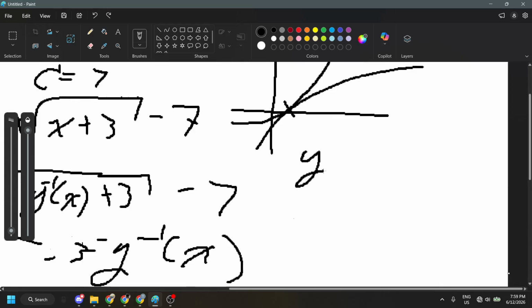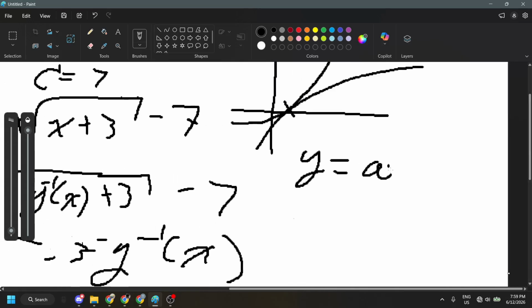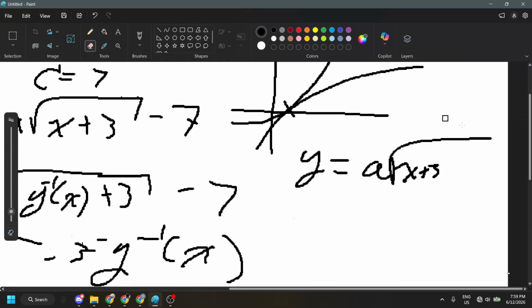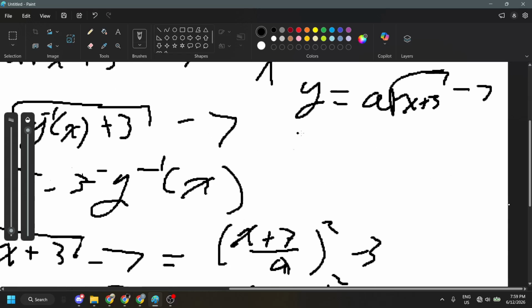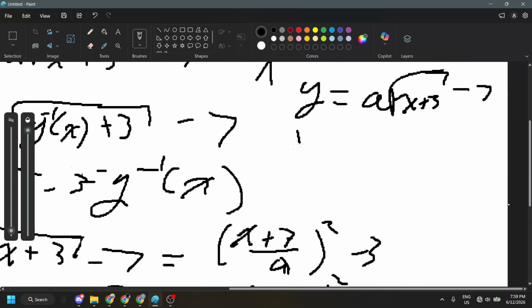We could say y is equal to, let's just say, a root x plus 3 minus 7. Or the other one, y is equal to x plus 7 over a squared minus 3.